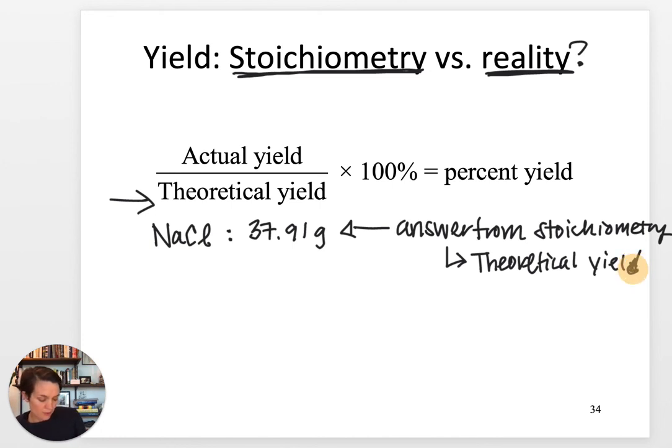In order to figure out our percent yield, we'd have to be told what the actual yield is, or we'd have to be told the efficiency of the system. You have to be given one of those two pieces of information, otherwise you would have a multivariable problem.